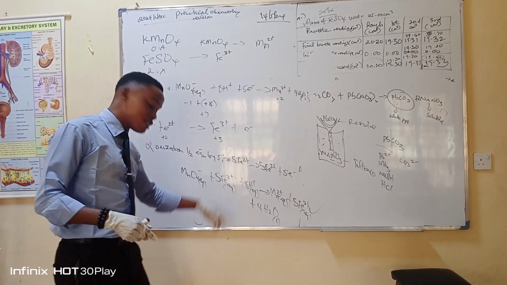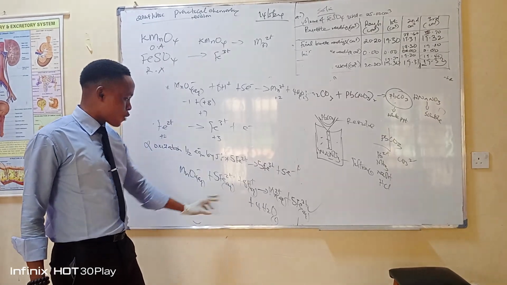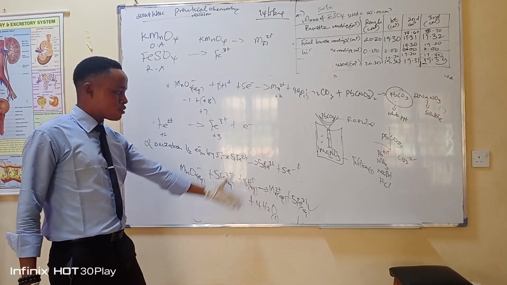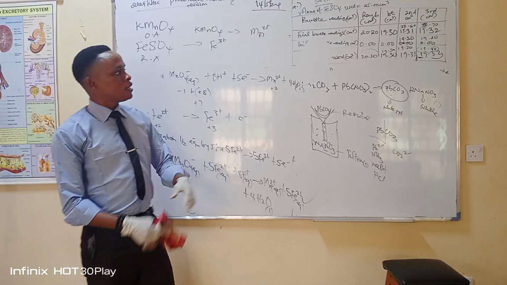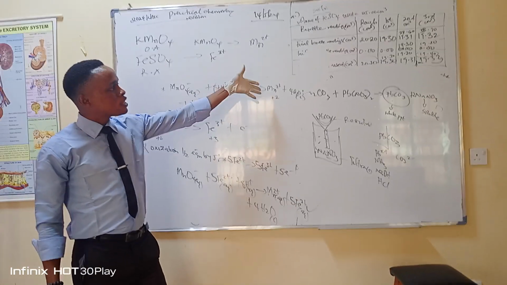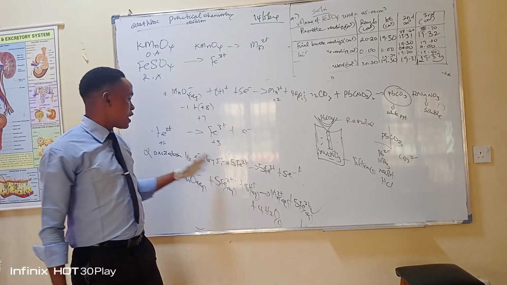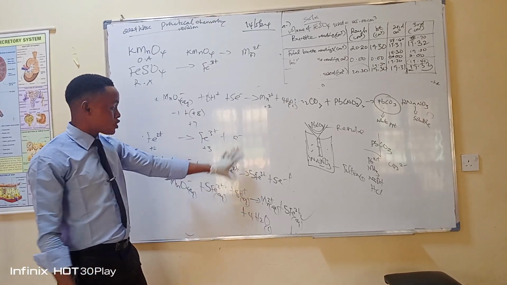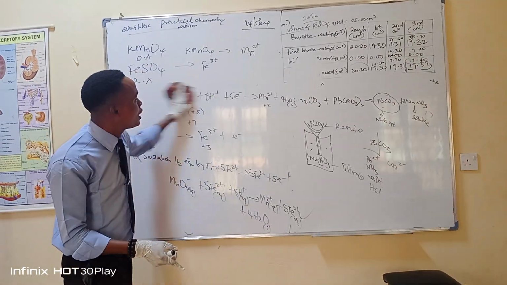But also note that you might be asked to write the oxidation and reduction half equation for the reaction. As for the titration, I have already done the qualitative and quantitative analysis, but this is just a revision anyway. In case you need more clarification, you can as well DM me.